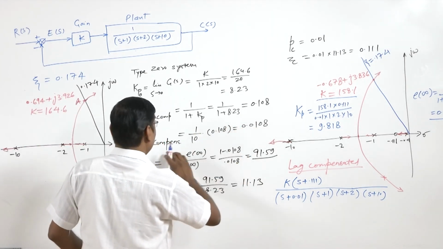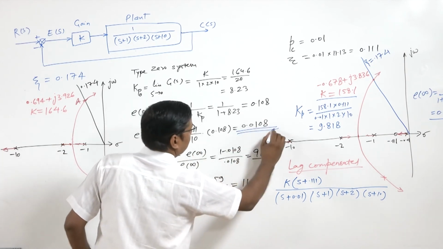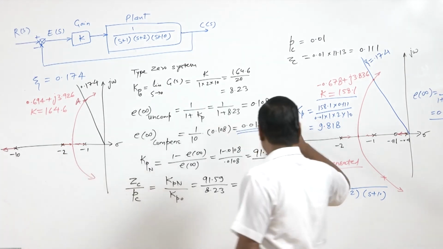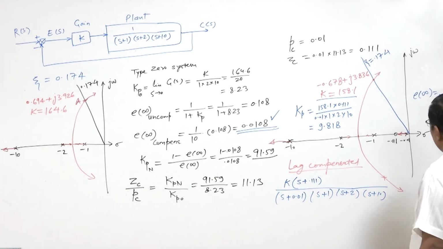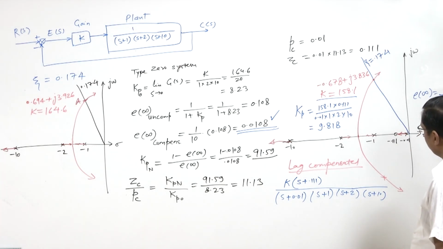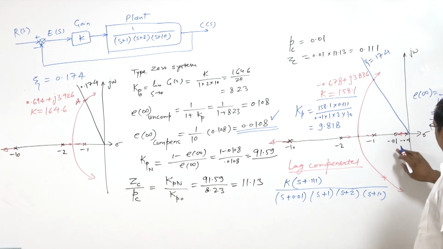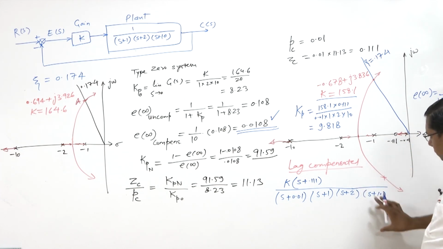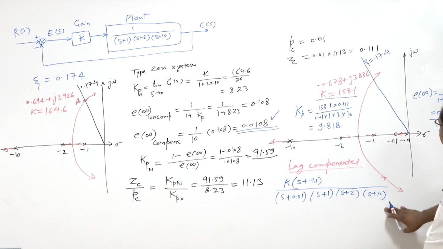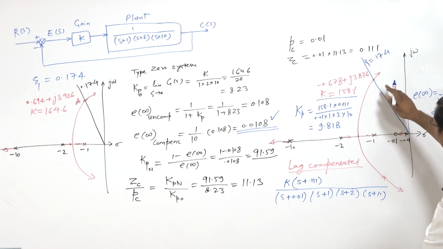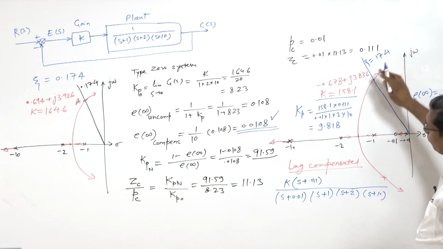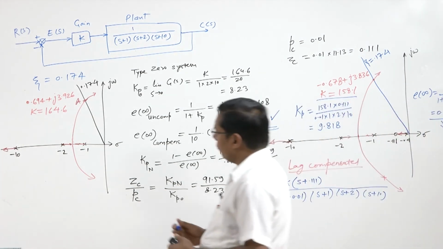So this was our objective, and we obtained this steady state error value by the lag compensated system, and we maintain this point on the damping equal to 0.174 line.